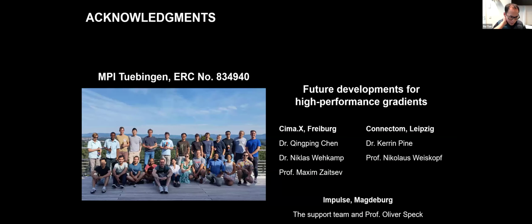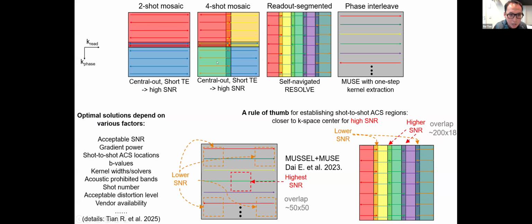So at the end, I want to thank my colleagues at Tübingen. And we are also interested in a lot of further developments for high performance gradients in different sites, like the Siemens Connectom or impulse gradients. Especially because if you look at these two PulseQ trunks, that is not that commonly used today.